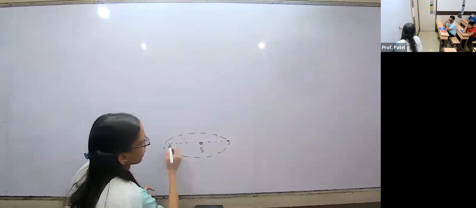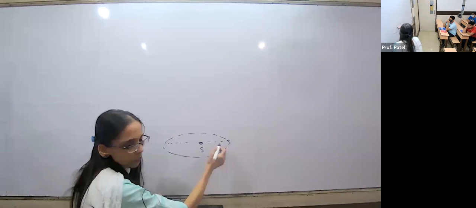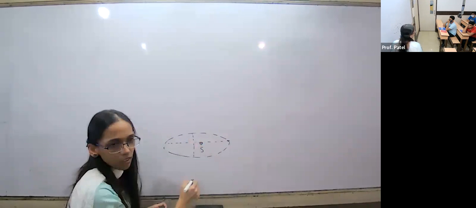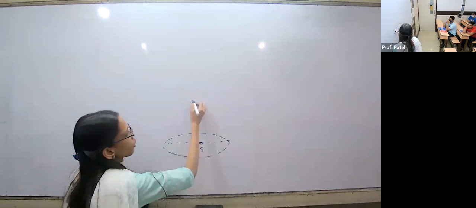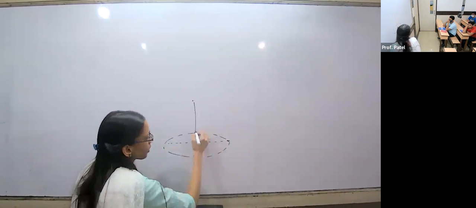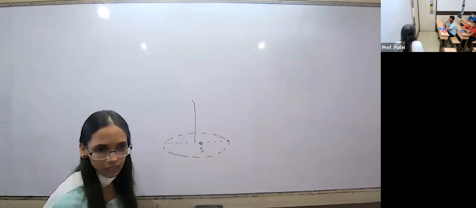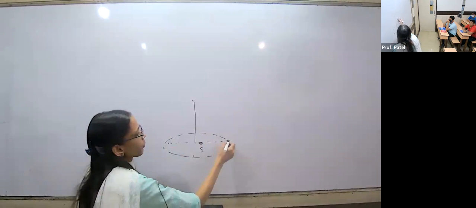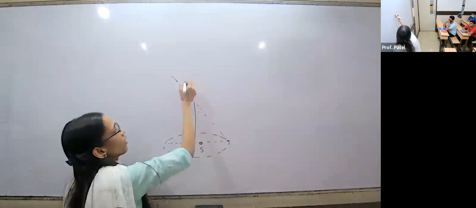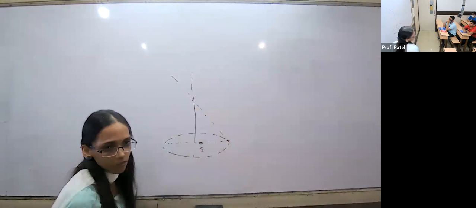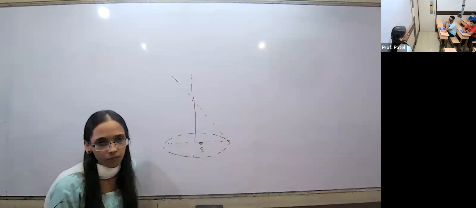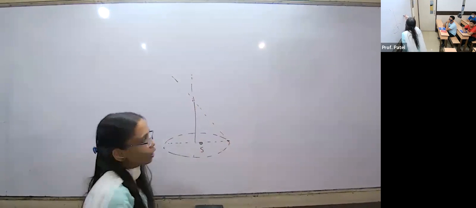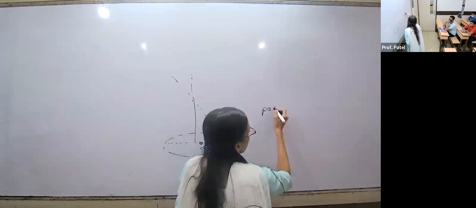Then this is your semi-major axis, and this is your semi-minor axis. So what was parsec? The distance of that star from the semi-major axis, when it makes what degree angle? 90. What degree angle does it make? I told you to break parsec like this.